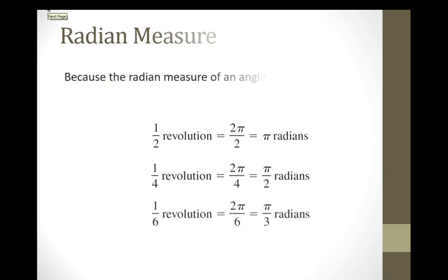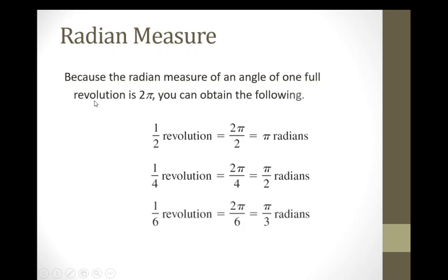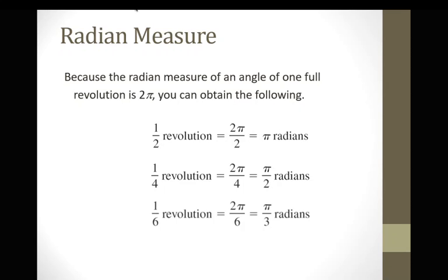So the common radian measures that we're going to be using start with the idea that 2 pi is 360 degrees. One full revolution is 2 pi, which means half a revolution is 2 pi over 2, which is pi radians, which is 180 degrees.